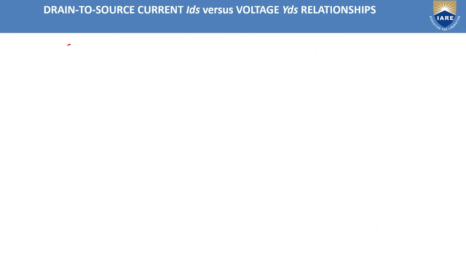So the gate capacitance, CG, is nothing but epsilon A by D, which is equal to epsilon INS and epsilon naught, A is WL, divided by D. So this is the gate capacitance. And what is K? We have defined K as like this.